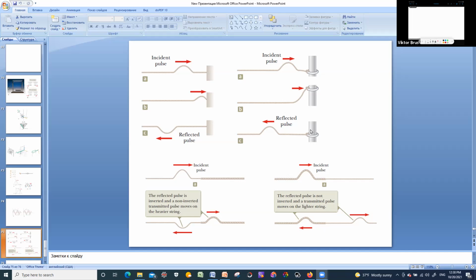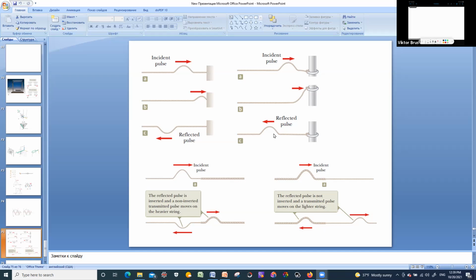So in this case, there is no counter force, no reaction force, and our reflected pulse, which also goes in the opposite direction, remains in the same phase as the incident pulse. So that highlights the features of reflecting mechanical waves.